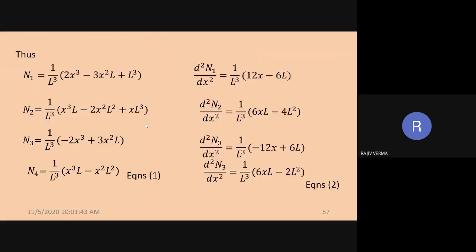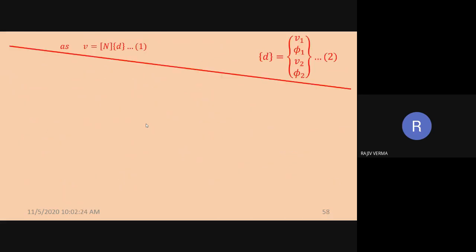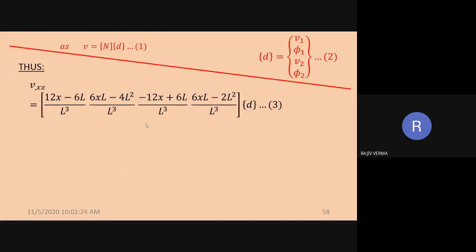So these are the second differentials, and this means v comma xx. That means that the polynomial indicated by v has been differentiated twice with respect to x. So therefore we are using a notation v comma xx.